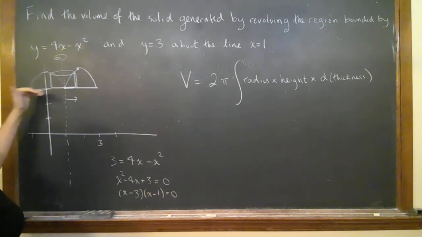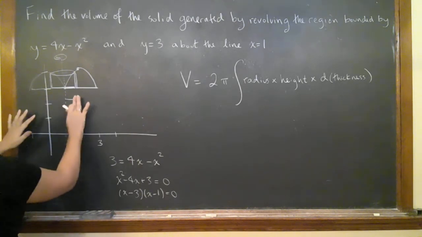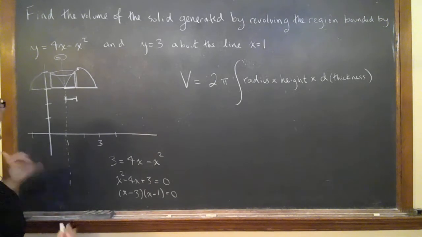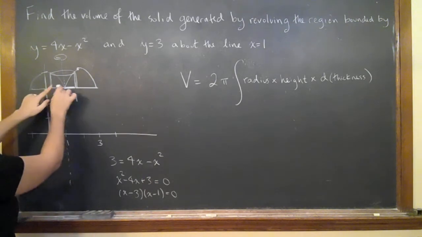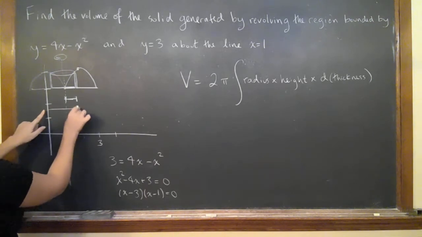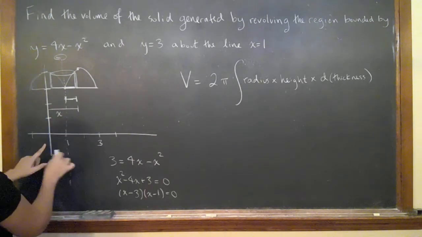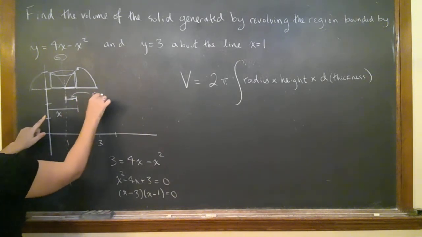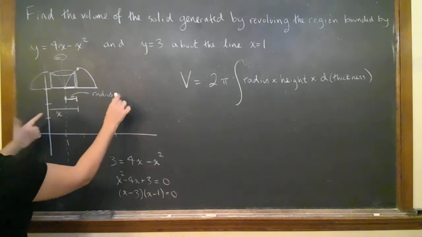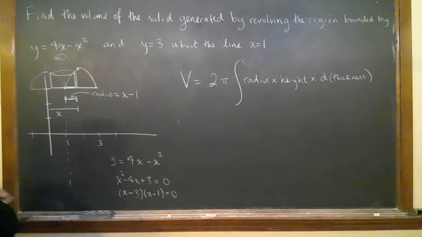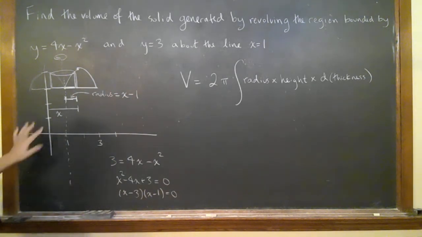It is going to be something about x, but it's not going to be x. Because if I do x, x is going to take me all the way out to here. So this is x. I know this is 1. So this is my radius here. So it looks like the radius is x minus 1.